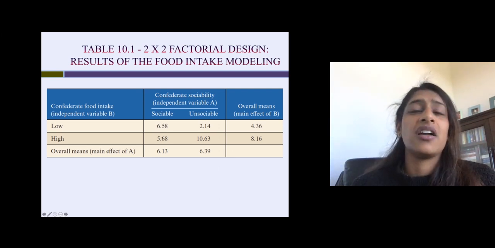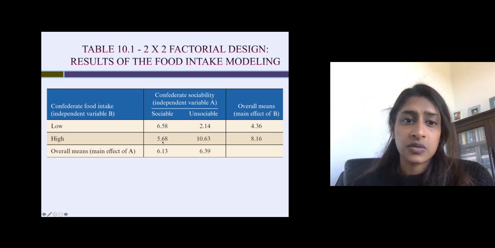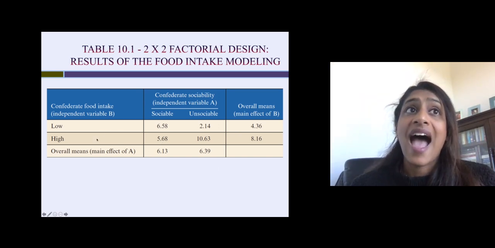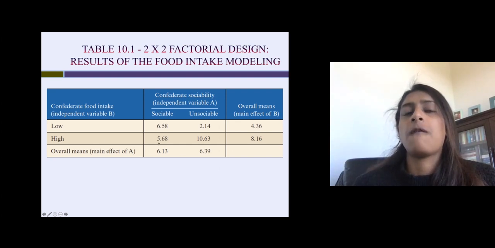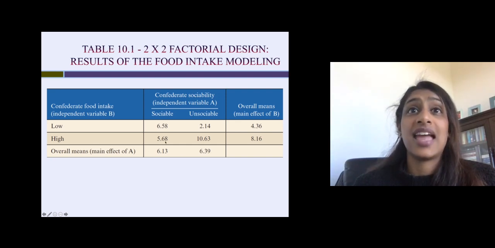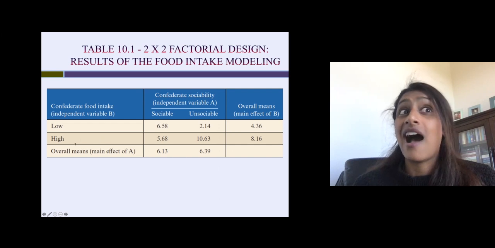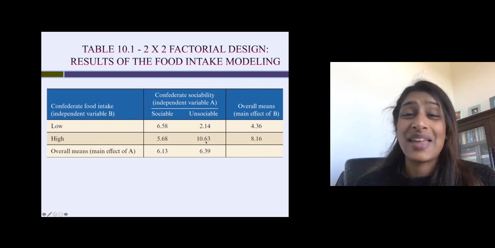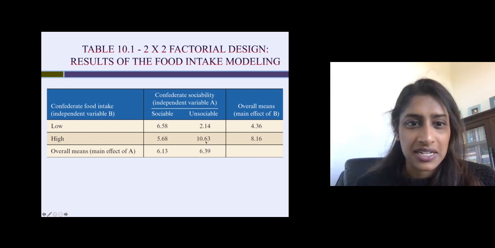When they have a social Confederate, the social person watching that movie with them and eating a lot of food, they are having about 5.68 pieces of M&Ms or candy. When they're with an unsocial Confederate in a high food intake, they eat 10.63 pieces of candy.